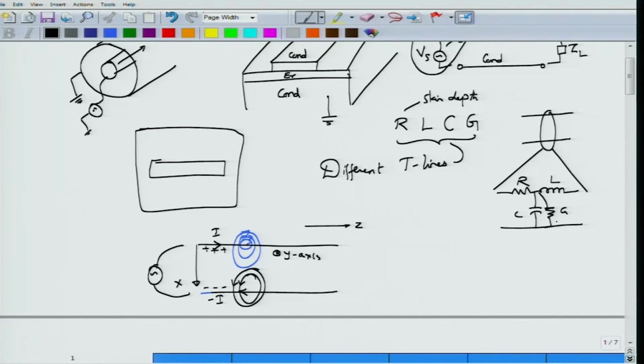You have positive charges on one conductor and negative charges on the other. Remember that these are not just static, they are varying with time, because the source potential is not constant. So these are time varying voltage sources that we have applied.